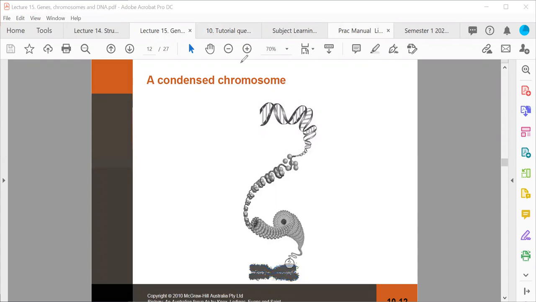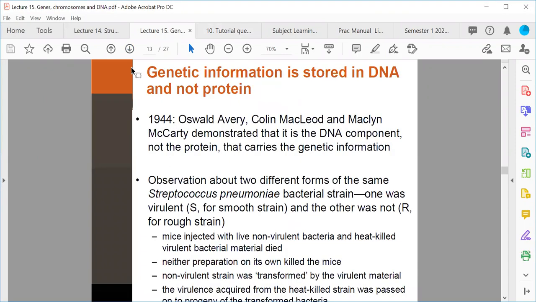All right, we're nearly there. Okay. All right, so we're going to finish with this classic experiment that was conducted in the 1940s by 3 individuals, Avery, McLeod and McCarty.